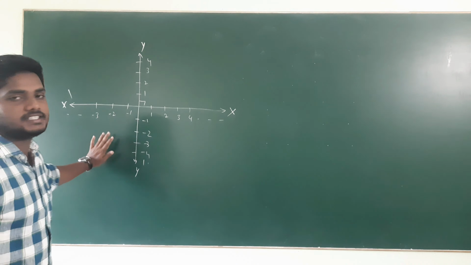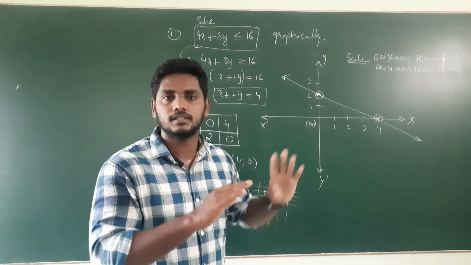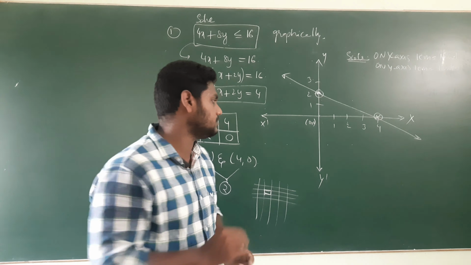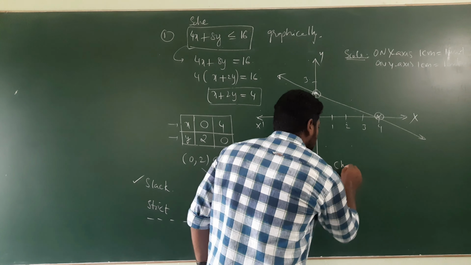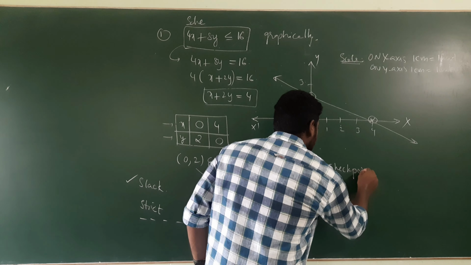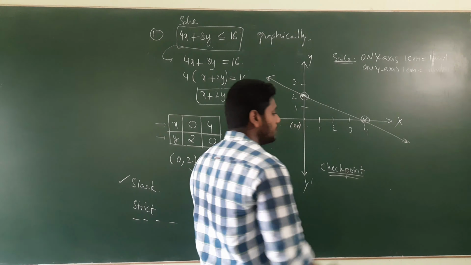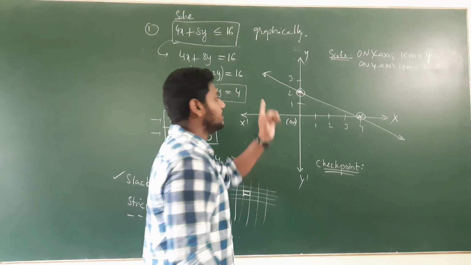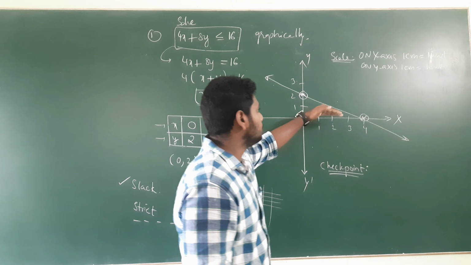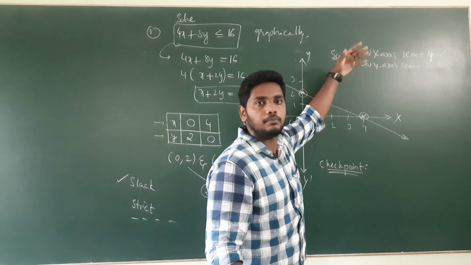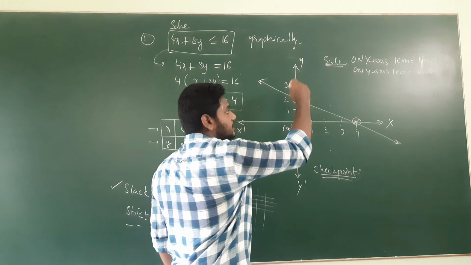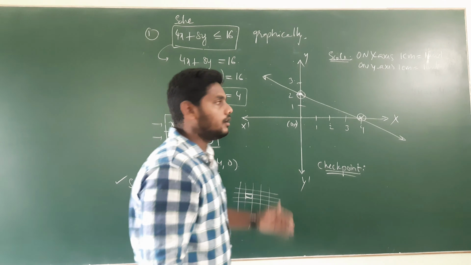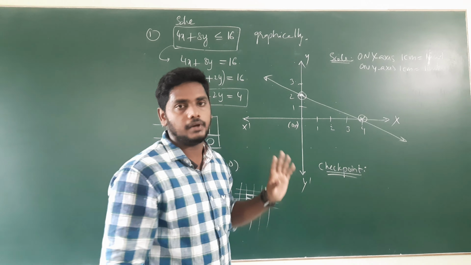But in a theory exam, we should not draw simply like that. How to draw? We need to take a checkpoint. Listen carefully. Checkpoint is, for this line, either you can take any one point on the right side, the upper of plane, like 3, 0 or 0, 3, or you can take any point on the lower of plane.